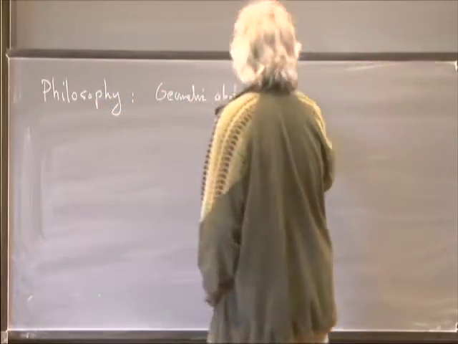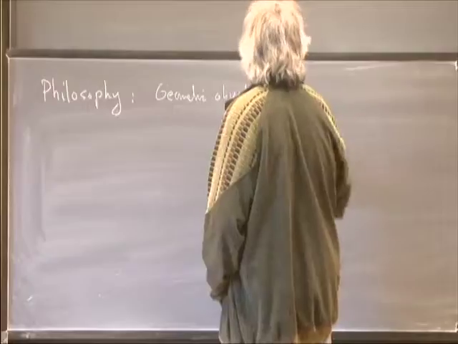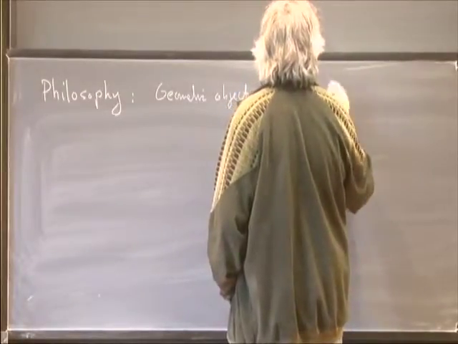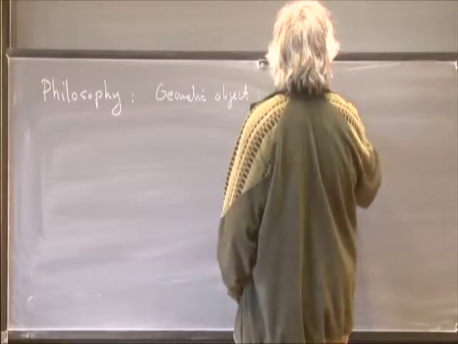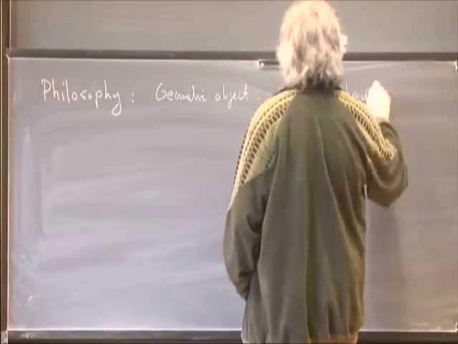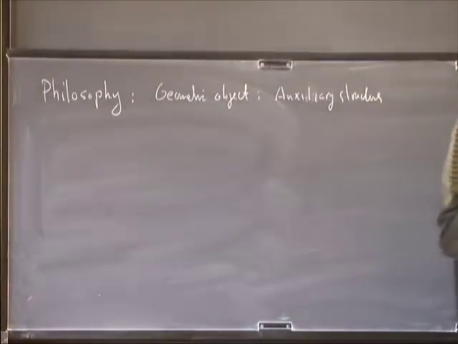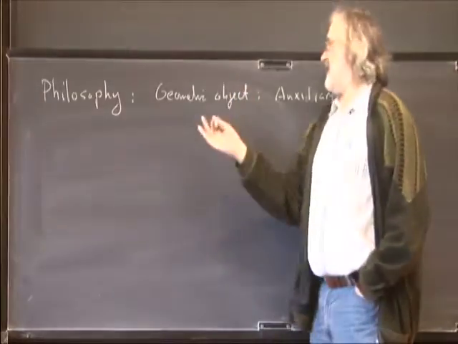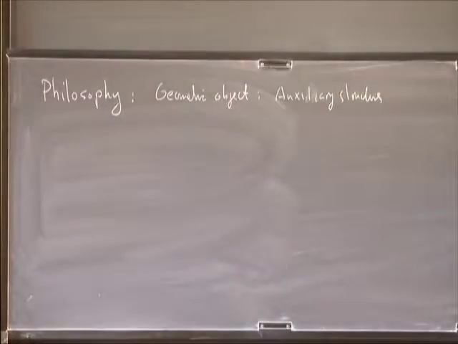And then this usually comes with some kind of an auxiliary structure. So think, for example, you study a manifold, a smooth manifold, auxiliary structures could be Riemannian metrics, or you study a symplectic manifold, and the auxiliary structures would be almost complex structures compatible with the thing.